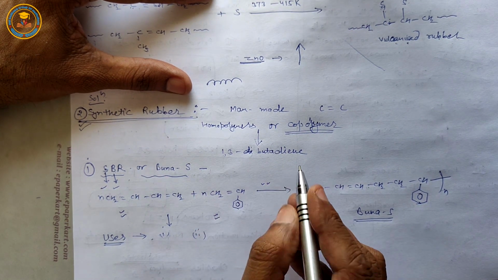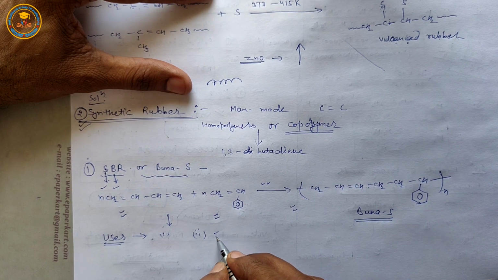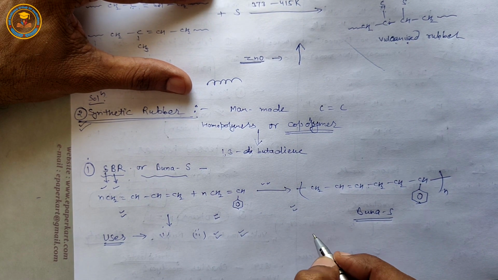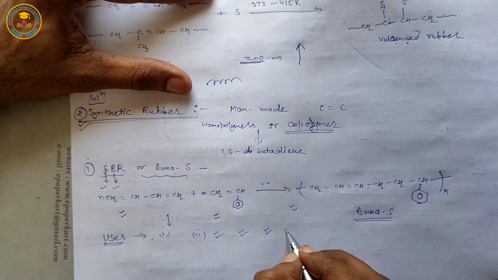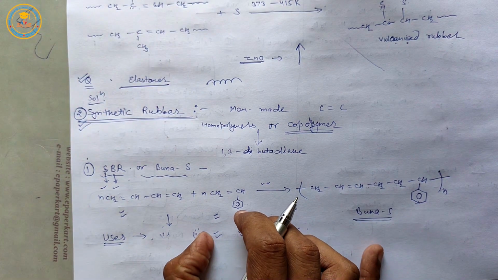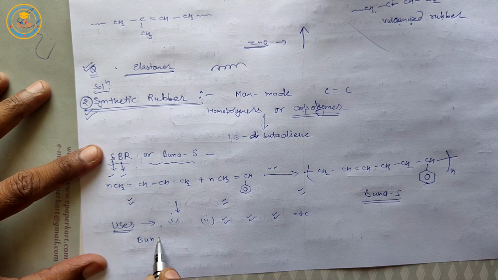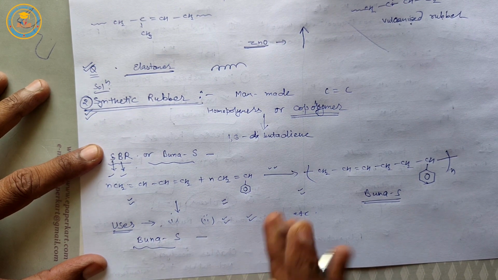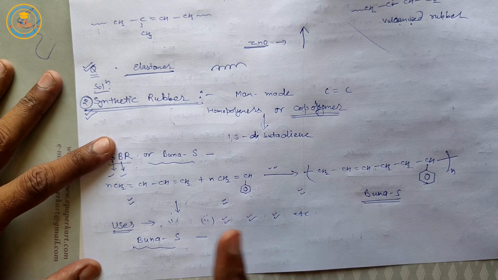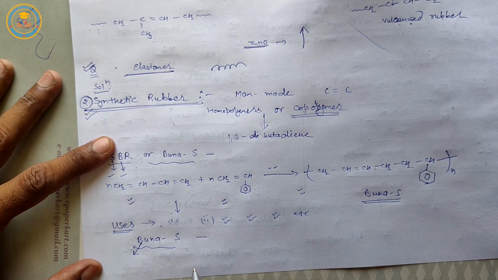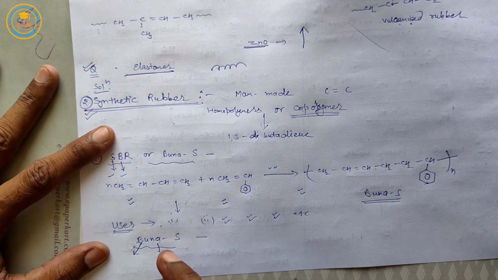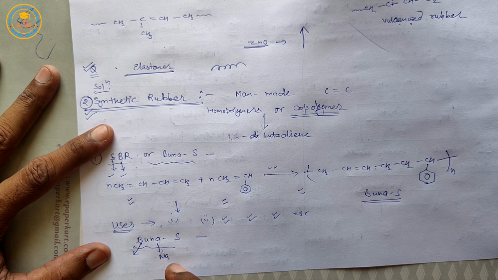Second is in making rubber soles, belts, hoses, etc. In Buna-S, very important point, Bu stands for butadiene, Na for sodium, which is used as catalyst, and S stands for styrene.